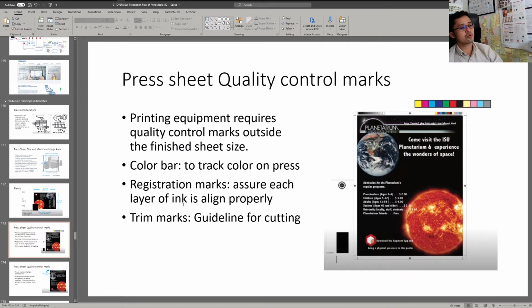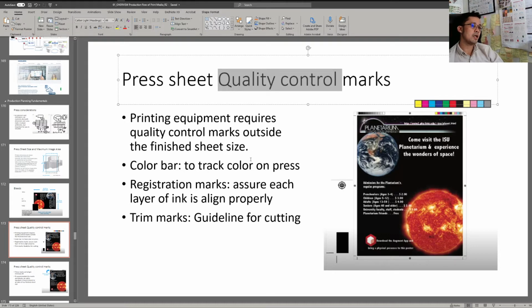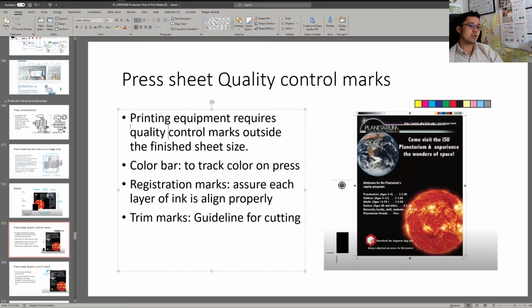What else we need to consider? Press sheet quality control marks. Quality control marks, tanda-tanda yang berkaitan dengan pengawalan quality. So printing equipment requires quality control marks outside the finished sheet size. Printing equipment.